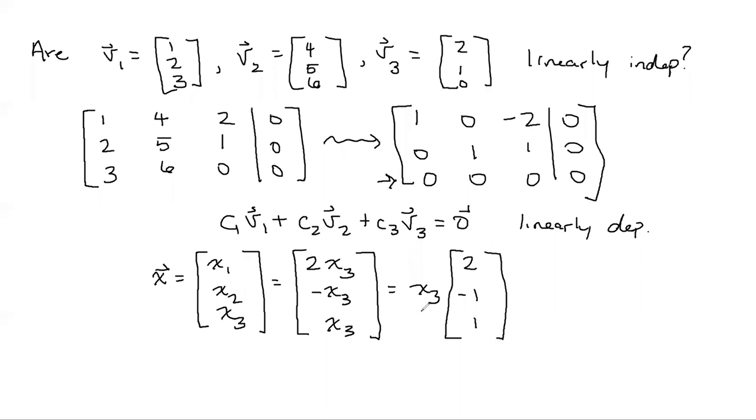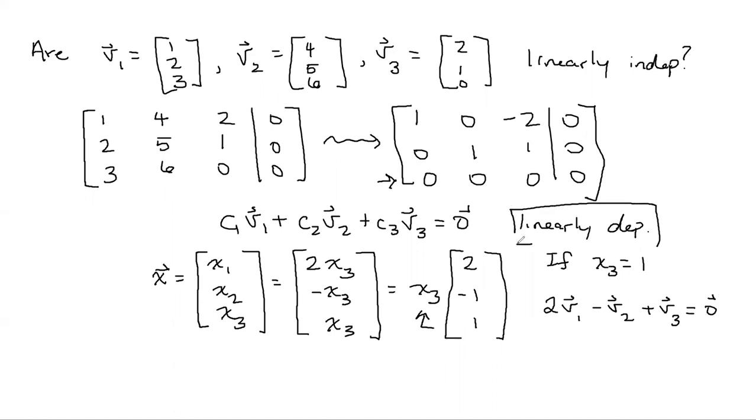That means any value of x3 will work. For instance, if we let x3 equal 1, then our weights are 2, minus 1, 1. So we can write 2 times v1 minus v2 plus v3 equals 0. Again, we have weights that aren't all zero that make this homogeneous system work, so these vectors are linearly dependent.